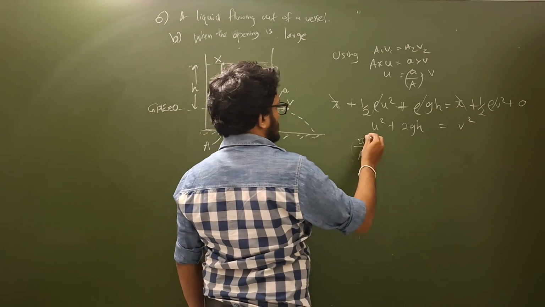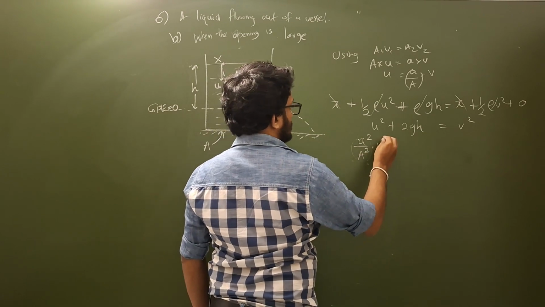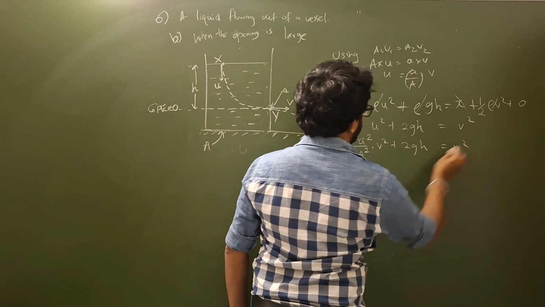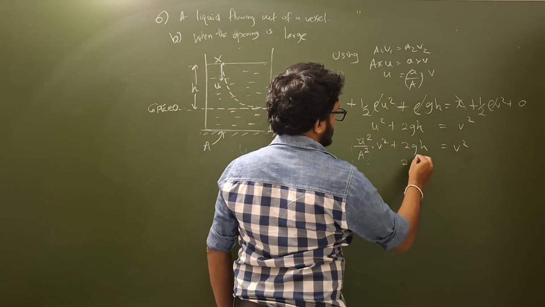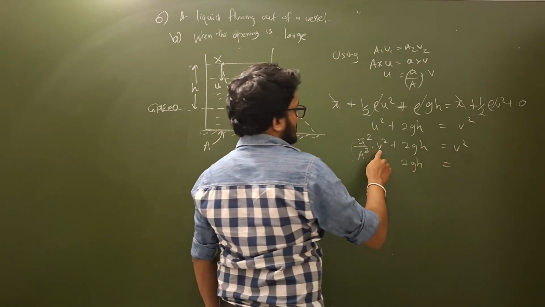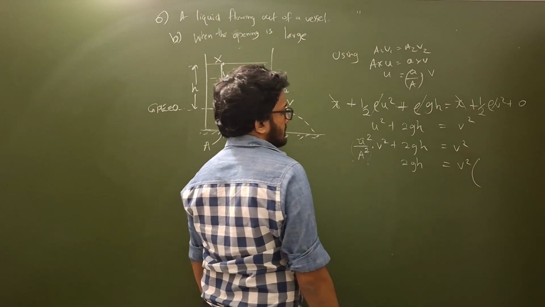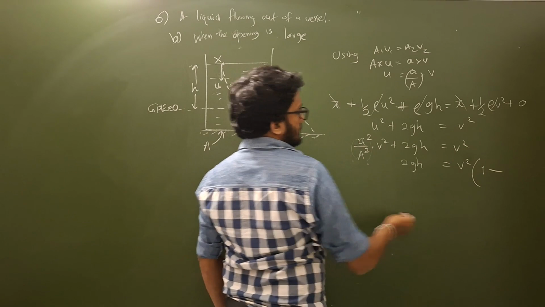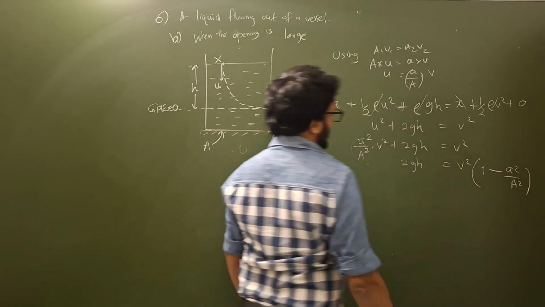What I get is simple A squared over capital A squared into v squared, plus 2gh equal v squared. I'm taking this term to the right hand side. So 2gh equal v squared, taking it common, I have 1 here minus this term, simple A squared over capital A squared.